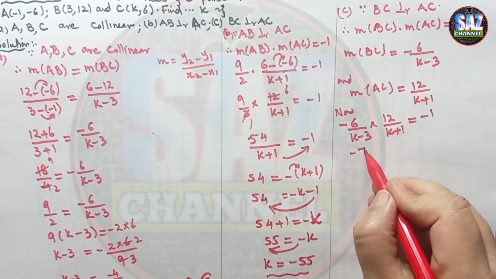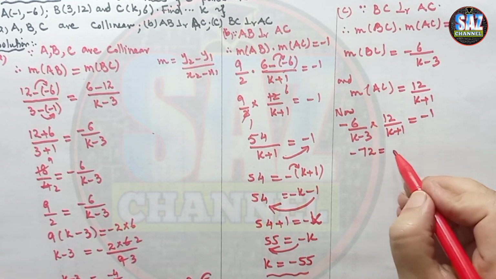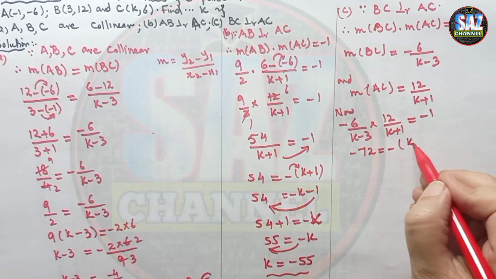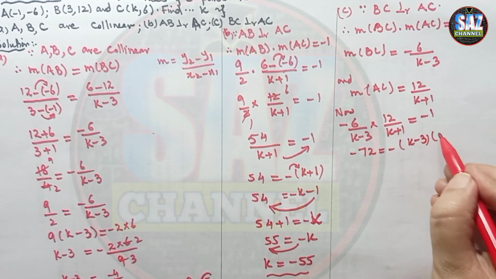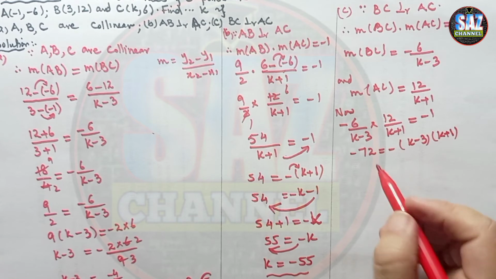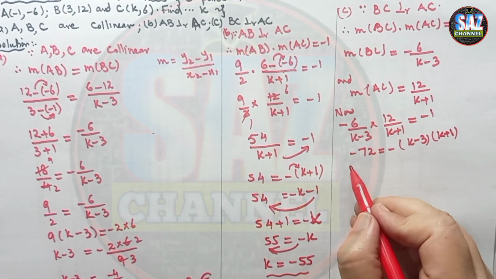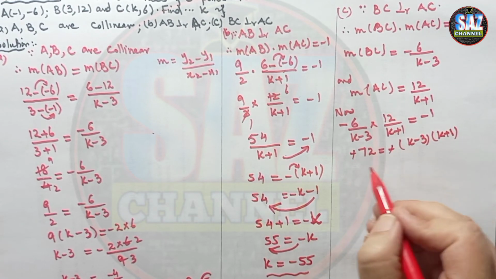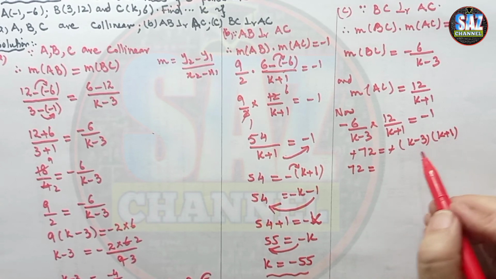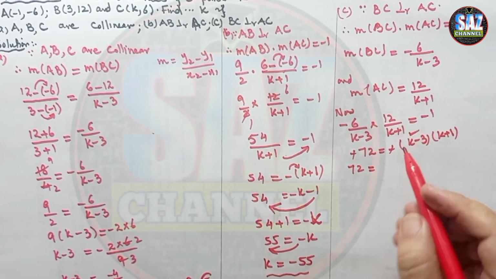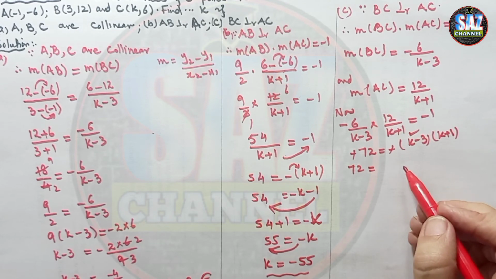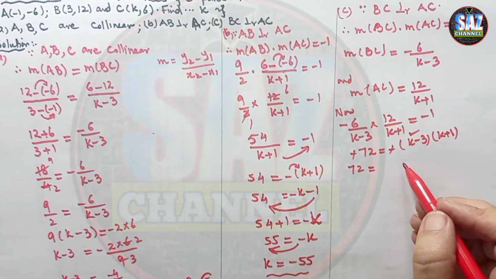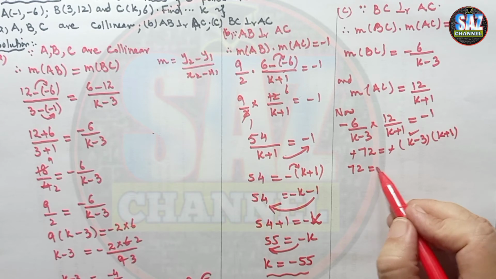Minus 72 equals minus 1 times (K minus 3) into (K plus 1). I can shift this minus sign to this side and make 72 positive. 72 equals, now I have to multiply these two brackets. I'll be going quickly because we have done a lot about the expansion of these types of brackets.